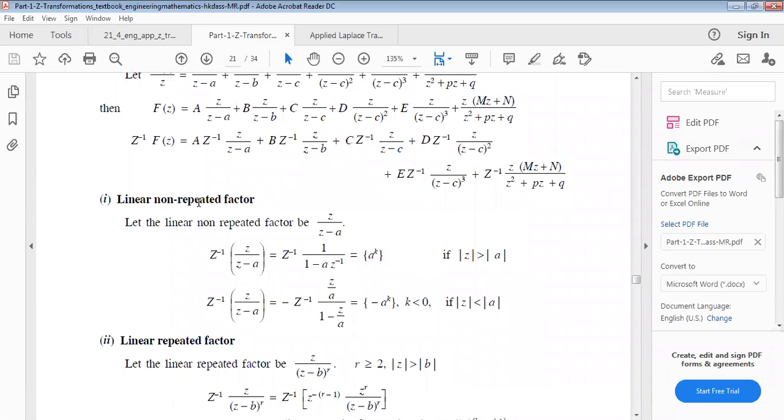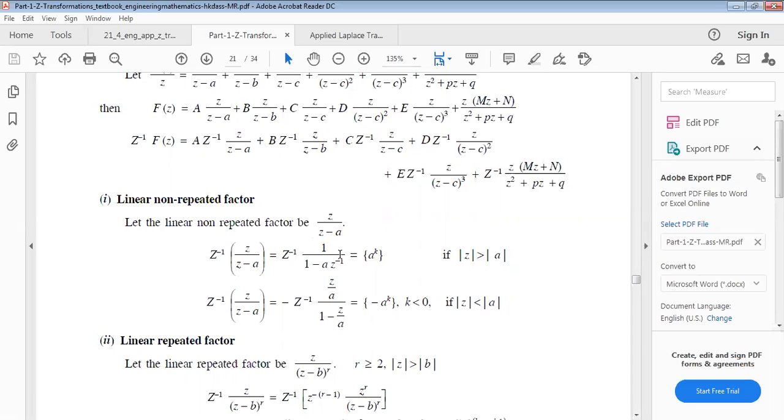Now linear non-repeated factor and linear repeated factor. There are actually two types of factor: one is linear non-repeated and the other is linear repeated. Let the linear non-repeated factor be this one, z divided by z minus a. So the inverse z transformation of this, z divided by z minus a, can be written like this.